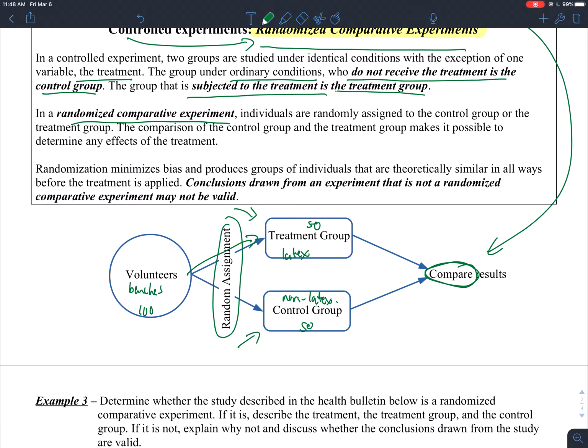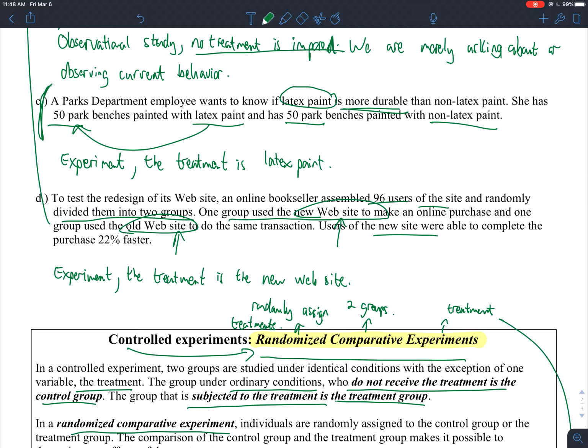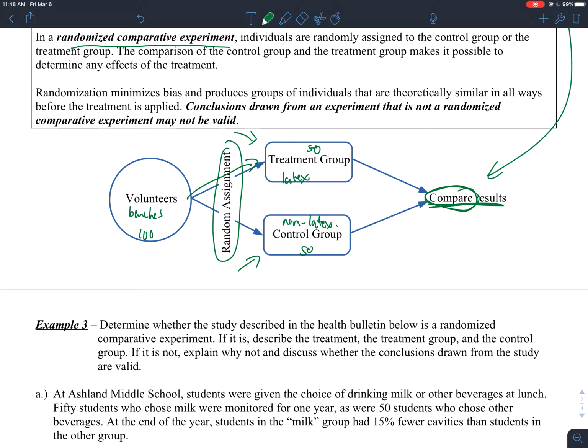And then at the end, you would have to decide, what did they say here? It's more durable. So I would compare the results at the end. Do the benches that had latex paint look better? Is there less wear? Some kind of measurement you'd have to come up with, and maybe after a year, you compare the two bench groups to each other and look at how much wear and tear each bunch of benches had.